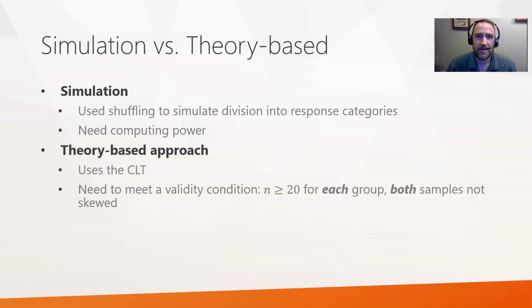When we have two means that we want to compare, in other words, a categorical explanatory and a quantitative response, then our condition is we have to have a sample size of 20 for each group. That means here we're going to have at least 40 total, 20 in each group or more. And then both samples need to be not too strange.